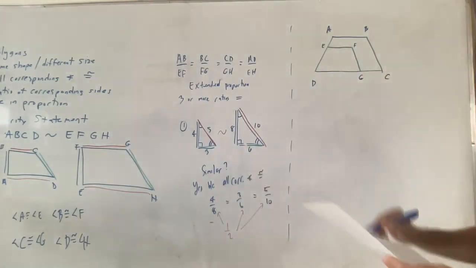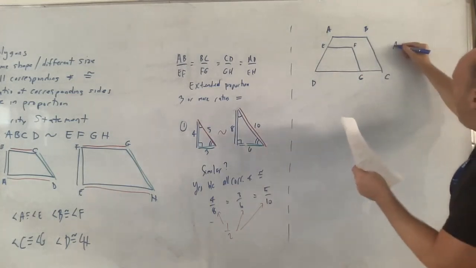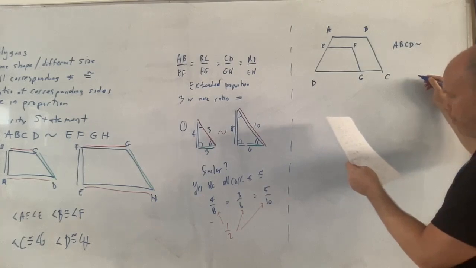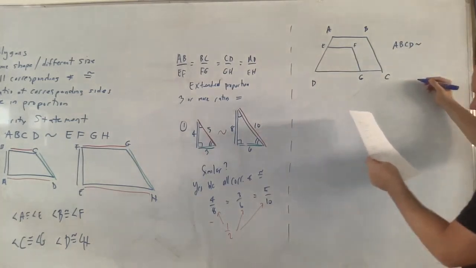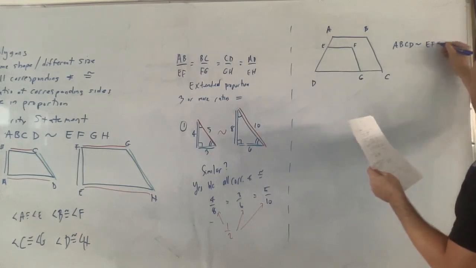I'm telling you that ABCD is similar to EFGD.